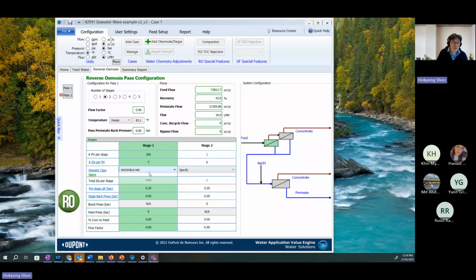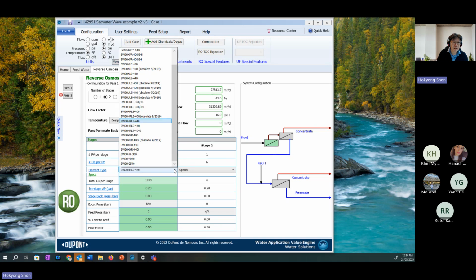Is it okay? And sir, in the reverse osmosis part of the WAVE software, which membrane model should we select? I would like you to select HR. Let me share the screen. So you have an element here. You can select the SW30HLE.